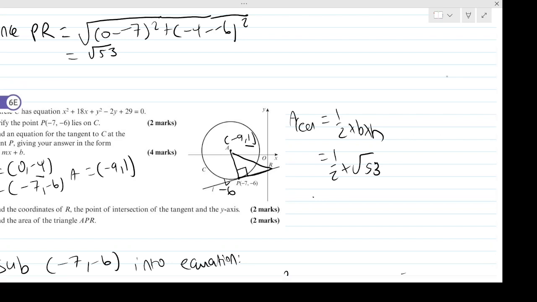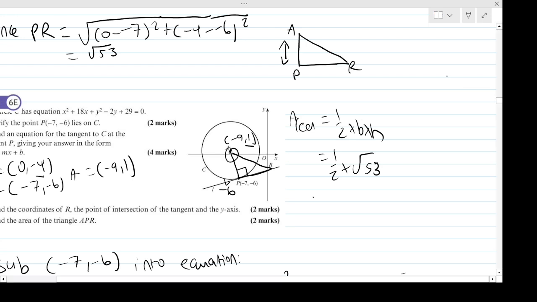Well, actually, in this case, the height is the line AP. That is the vertical perpendicular height, because if we were to reconstruct the triangle, it would look like that, and hopefully you can see that this side there, the height, is the vertical height. So that distance between A and P, it's the radius.